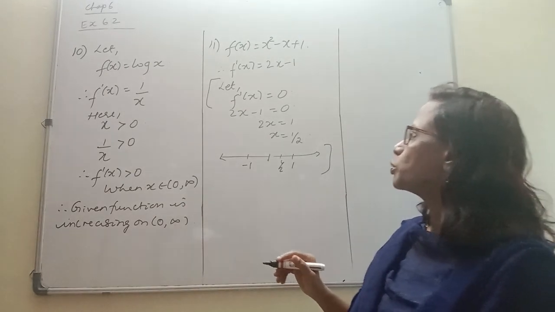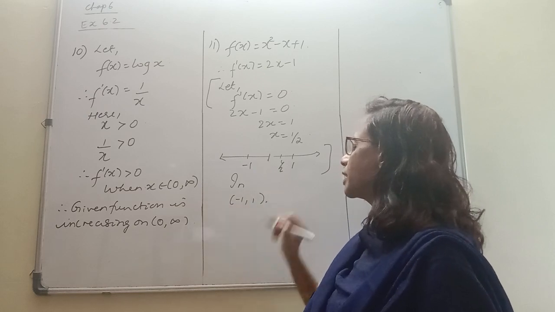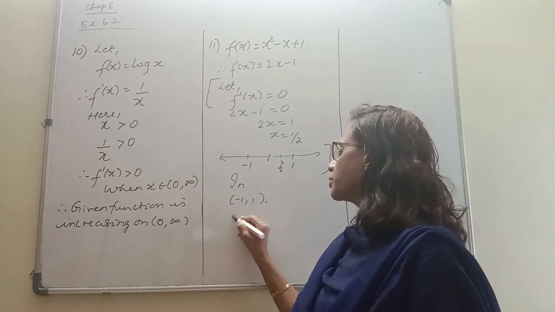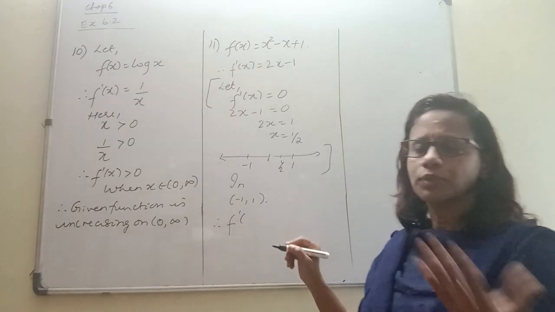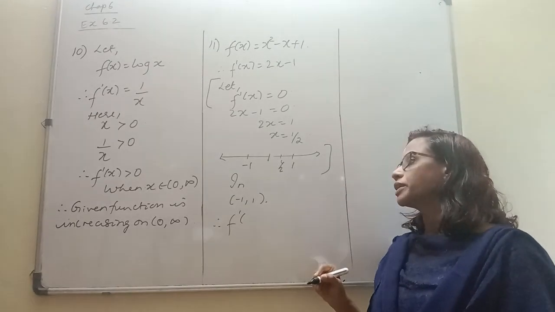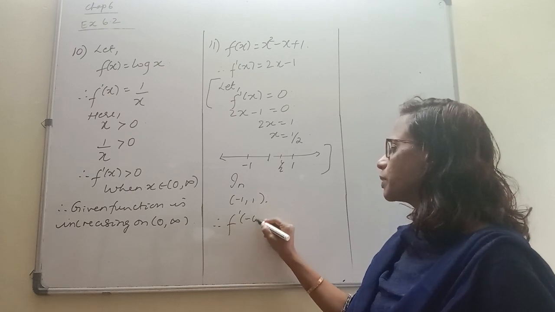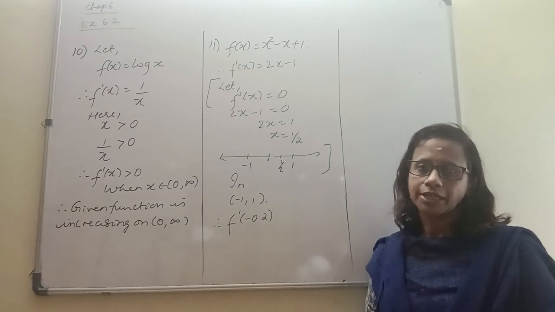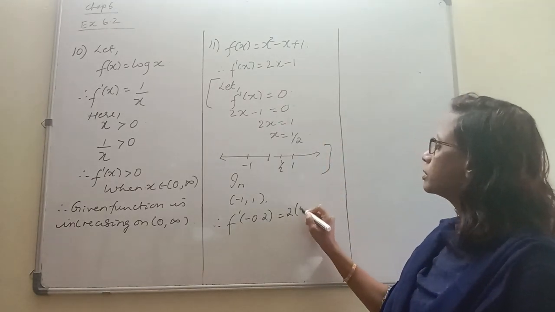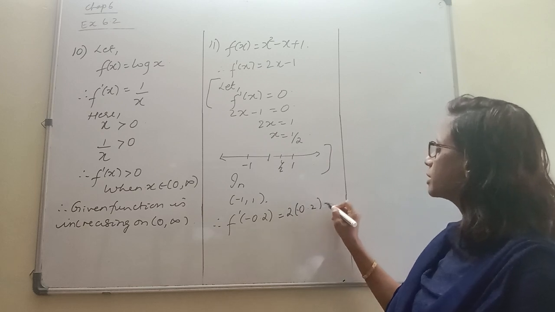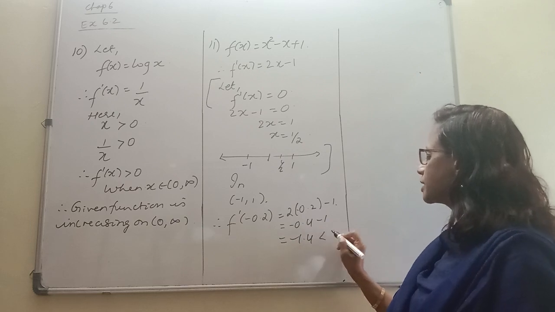Since they have told us about the interval, let's look at the interval minus 1 to 1. Let's look at the f dash value, one negative value and one positive value. We'll check whether it is working fine. Maybe f dash at minus 0.2. That will be 2 into minus 0.2 minus 1, which is minus 0.4 minus 1, which is minus 1.4, which is less than 0.